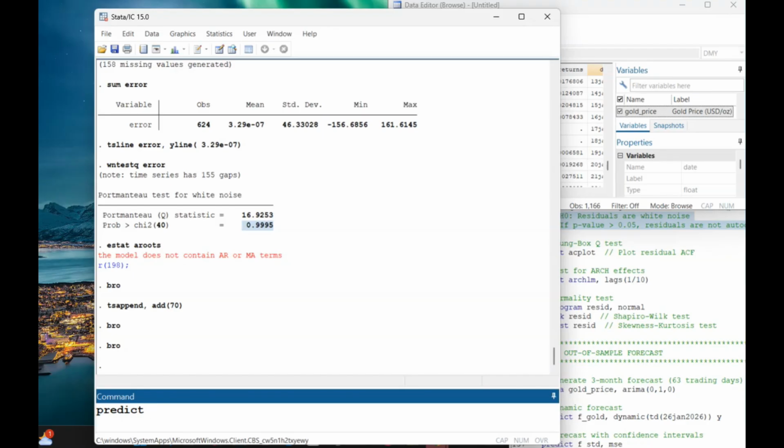Why is the price not found? Let me just test the code.